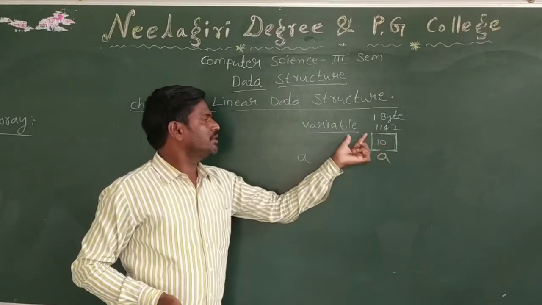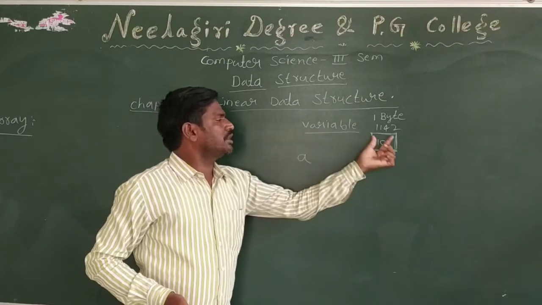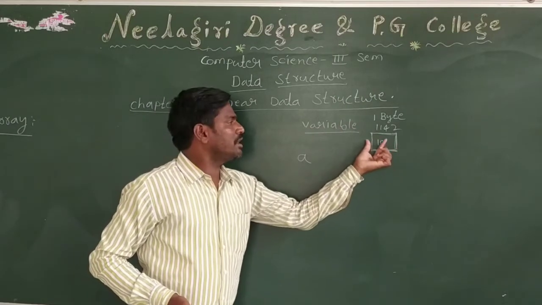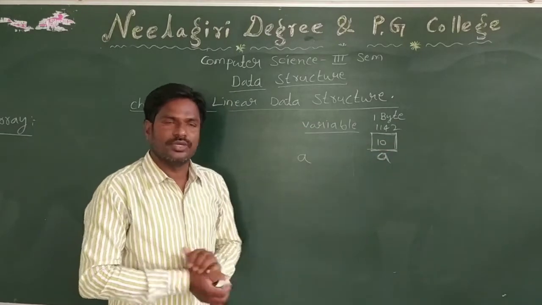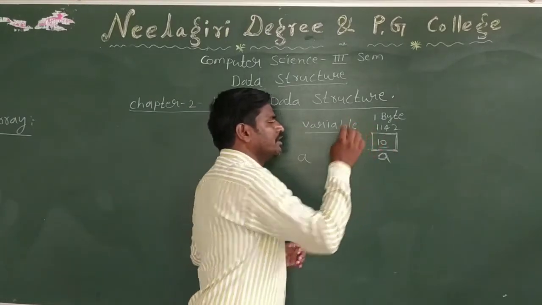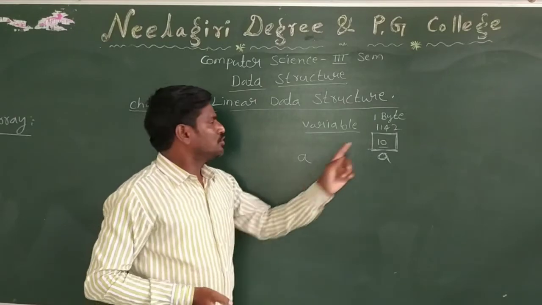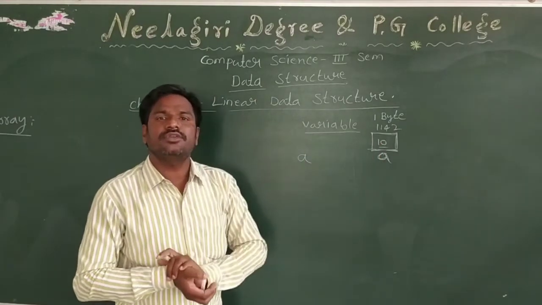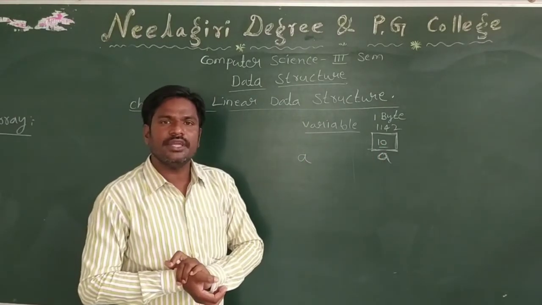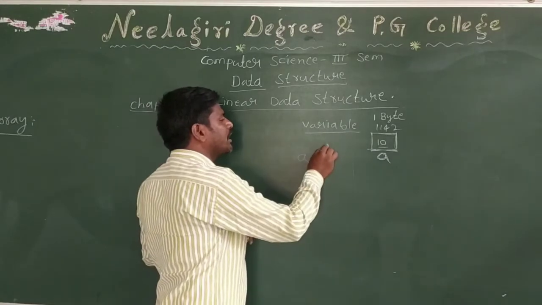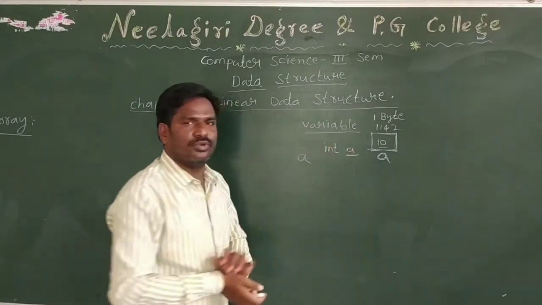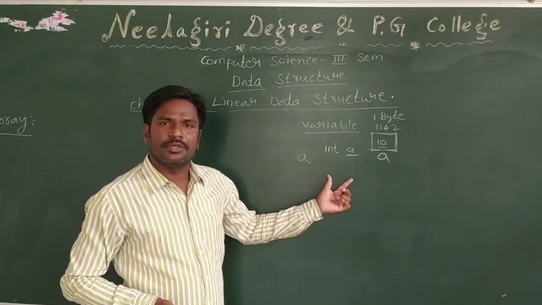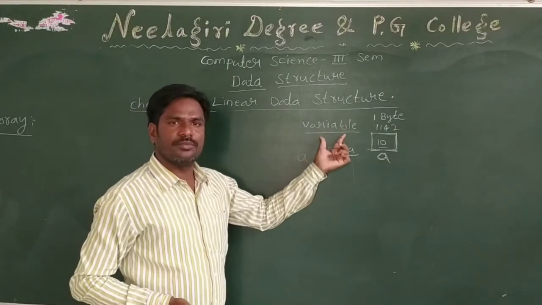So variables are used to give names to the memory locations where constants are stored. Here 10 is an integer value, so we say that A is an integer variable. This is about the variable.